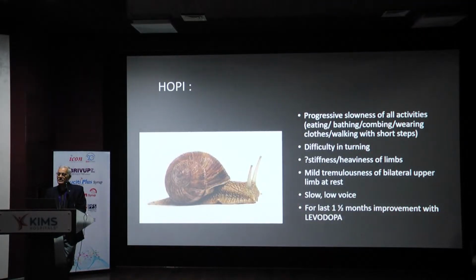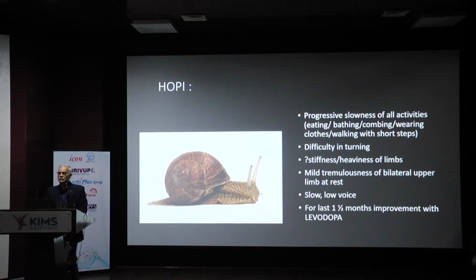Then she also had progressive slowness of activities, difficulty in turning, and some stiffness or heaviness in limbs. There was mild tremulousness of the bilateral upper limbs at rest, and a slow and muffled voice. She was given levodopa for just 1.5 months, and there was not much improvement.